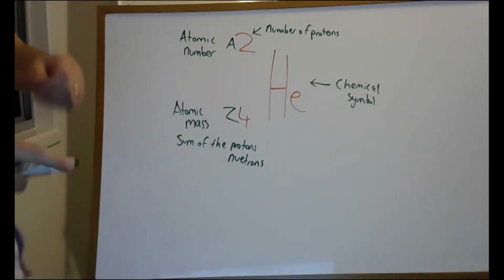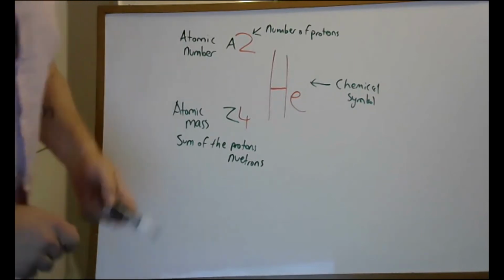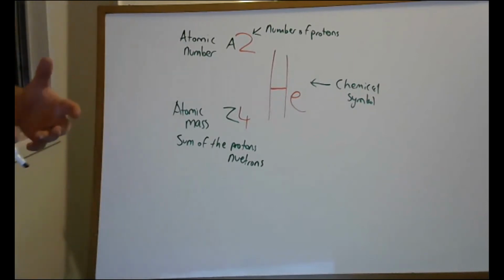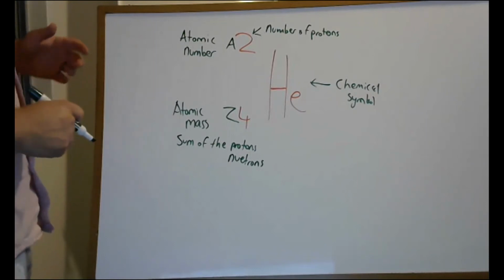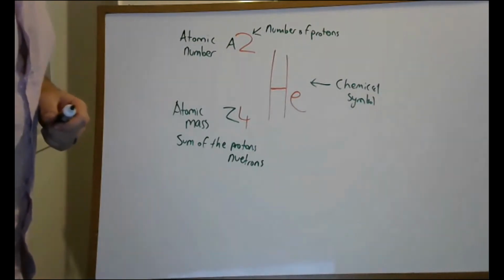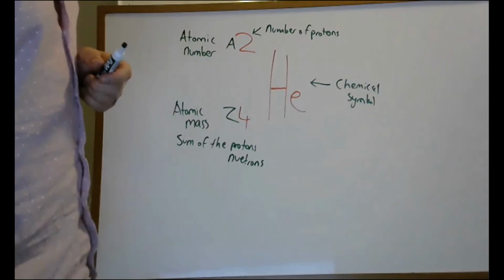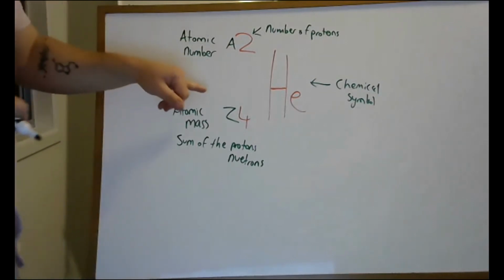And when we're talking about isotopes, the atomic number would stay the same, but this mass number will change.